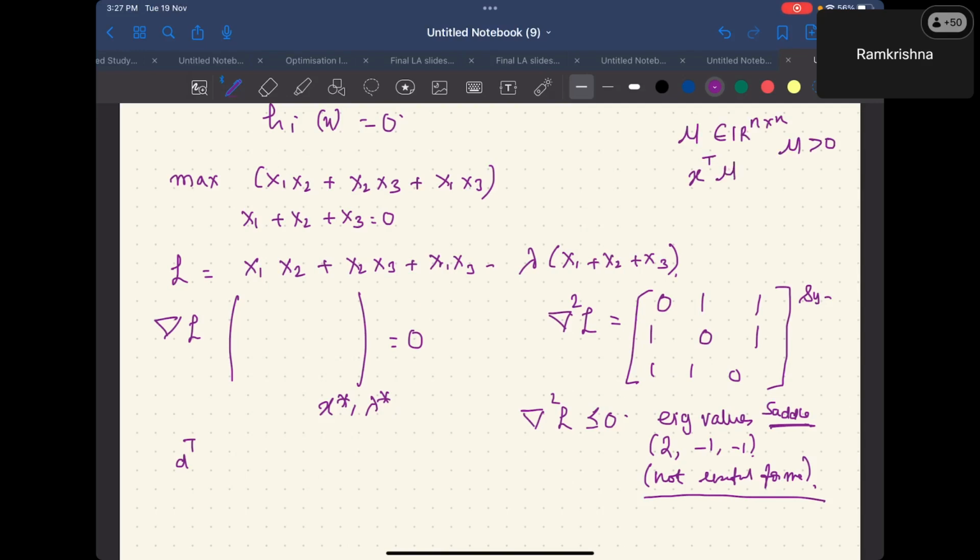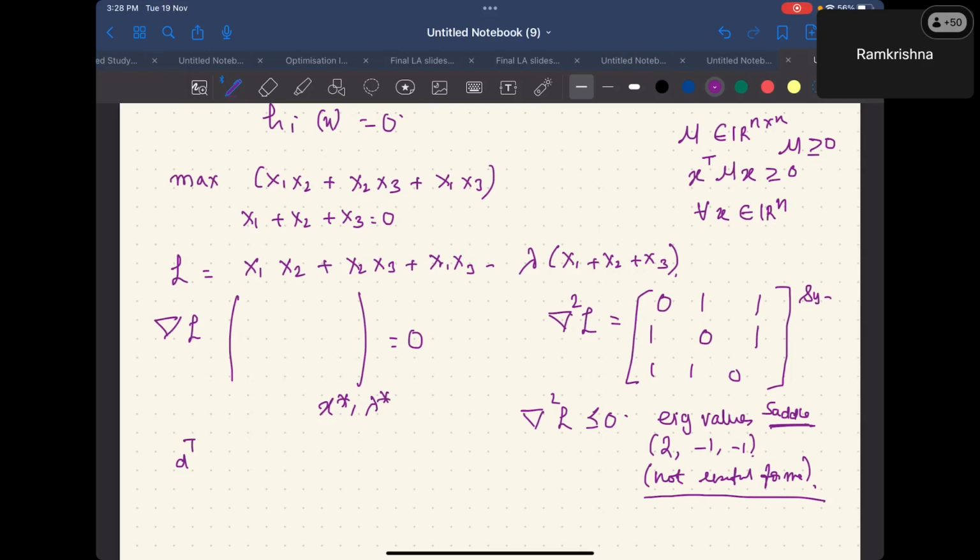The definition would say: take any x, multiply it with M and x, so x transpose M x must be greater than or equal to 0 for all x in R n. Okay, so this is my definition of a positive definite or positive semi-definite matrix.